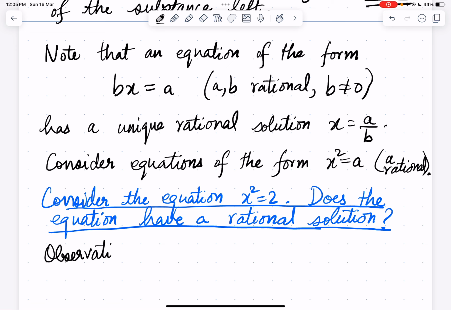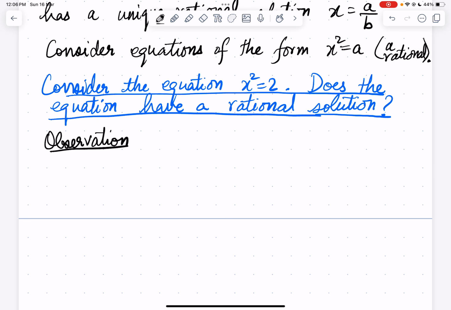The solution is found by dividing the two rational numbers. Now consider equations of the form x square equals a, where a is rational. Can we find a rational whose second power is a? Or more specifically, can we find a rational whose second power is 2?